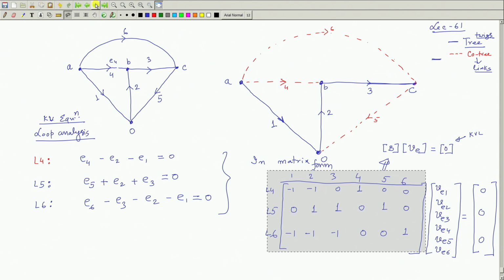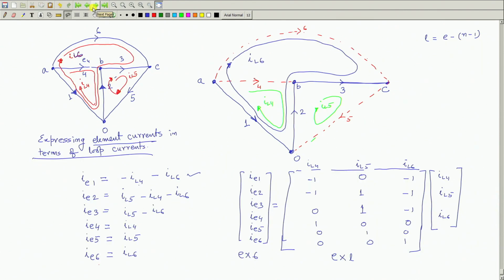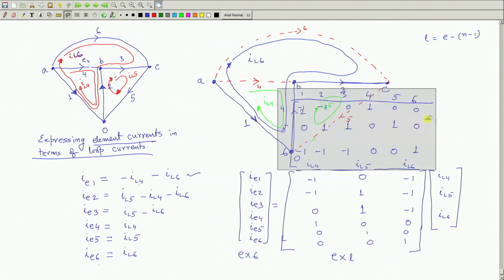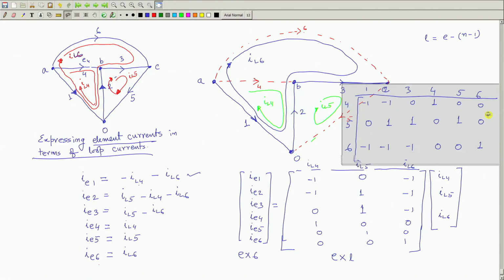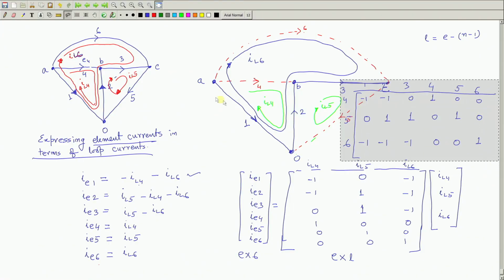Copy it, go to the next page and paste it. So, let me put the B matrix here. To get the idea, let me superimpose.